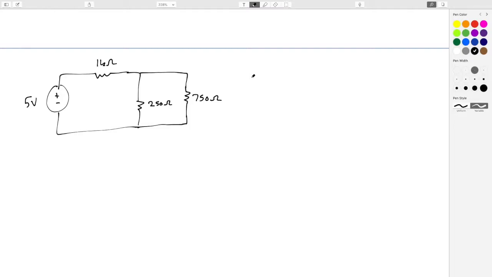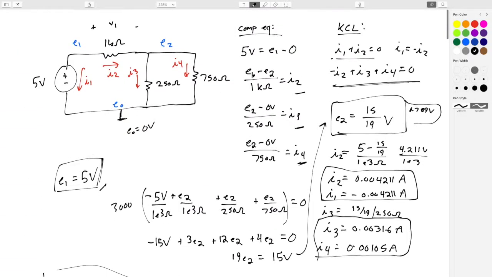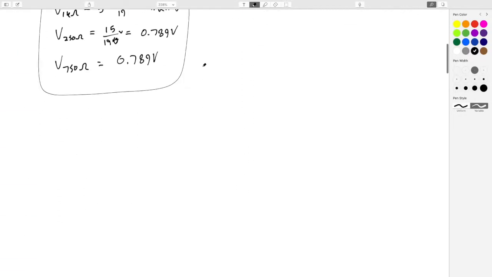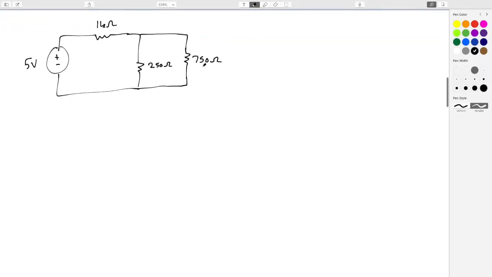This time around, instead of making my ground node the bottom one, let's make it the top right and show that, at the end of the day, we get the same exact answers. So I'm going to put a ground node symbol right here. Let's label our node. This is going to be E0. Let's call this E1, and this one E2 now. It might feel weird that I'm doing this, but don't worry. This is all totally legitimate.